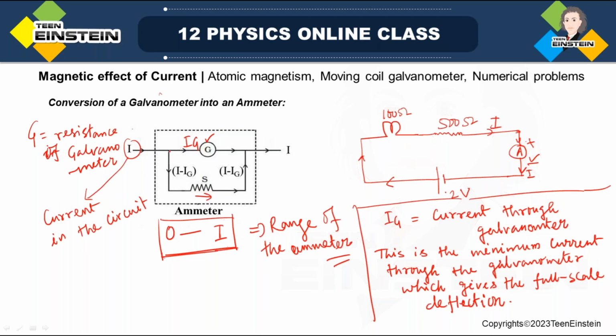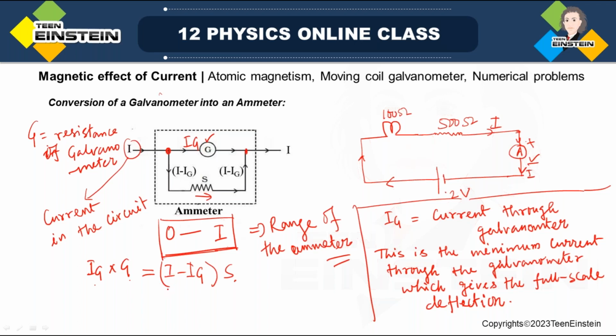So in that case, the voltage across both the galvanometer and the shunt will be the same. So I can write Ig, which is passing through the galvanometer, into G. This is the voltage drop across the galvanometer, and that is the same as the voltage drop of I minus Ig, which is passing through the shunt, into S. So from here, if galvanometer current, galvanometer resistance and shunt are given, then you can find out the range.